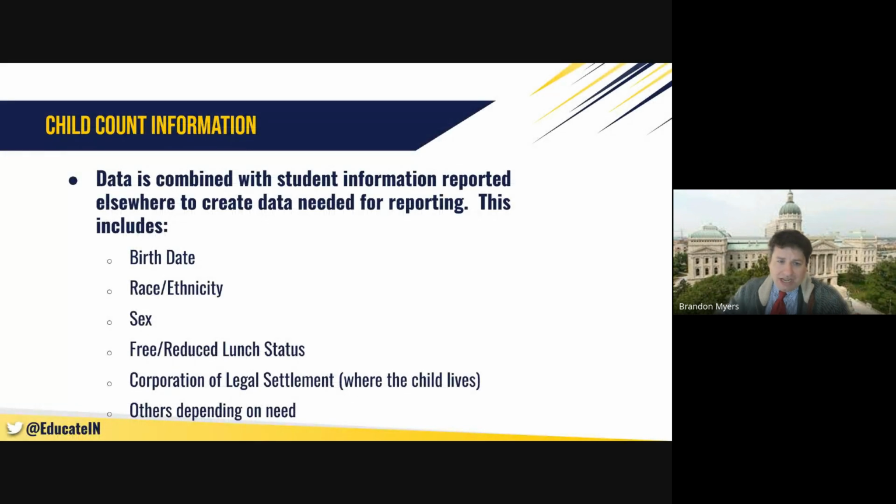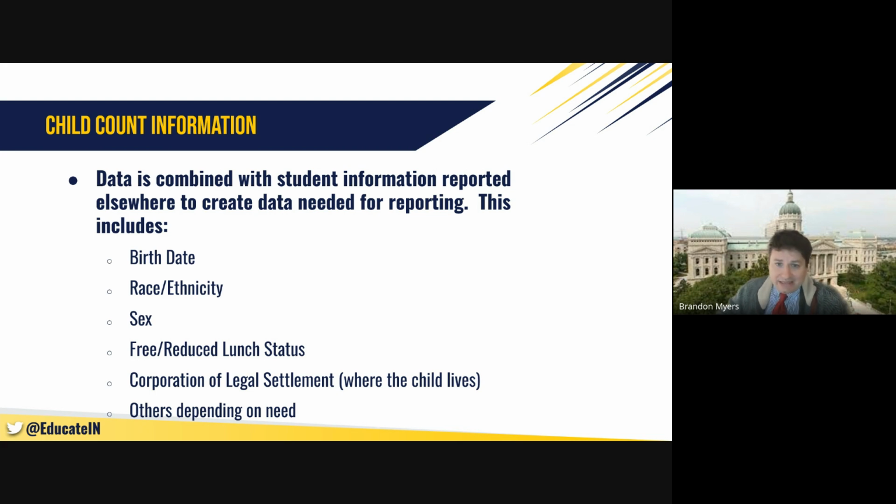Now, when we talk about our child count data, it's not only that. We have a lot of monitoring to do based over lots of different factors. As you may know, there are 18 federal indicators on the state performance plan, annual performance report. We'll talk a little bit about that later.